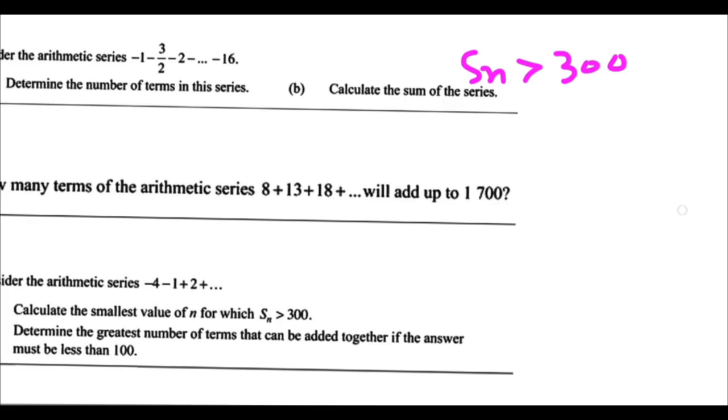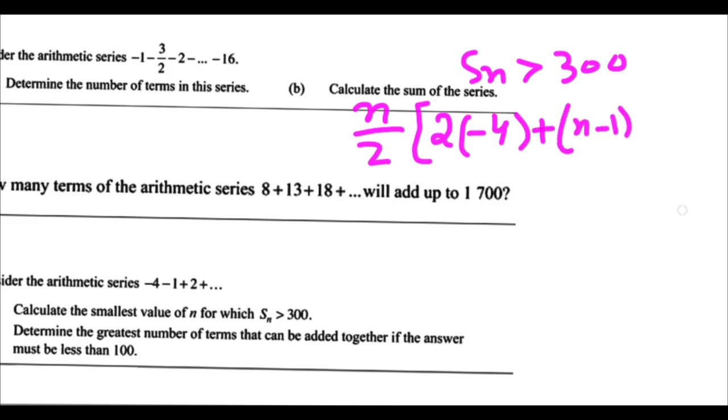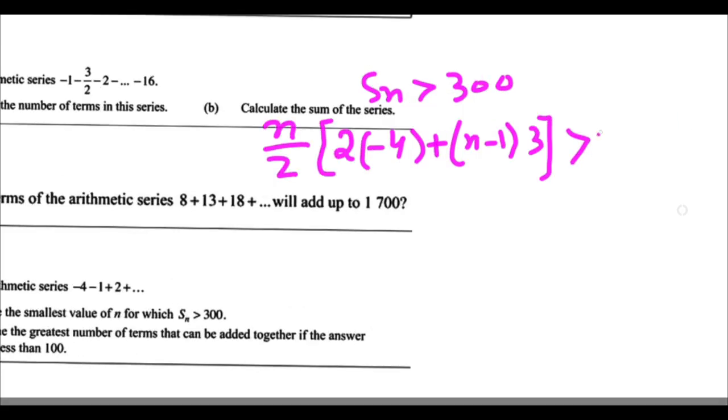So n over 2, we don't know n. Sn we're going to substitute all the value into the formula, big bracket. So the first term is 2 multiply first term is -4 plus n we don't know, parentheses n minus 1, d we got 3, big bracket greater than 300.